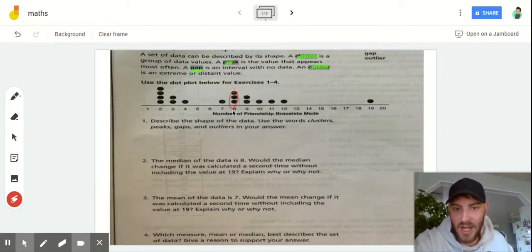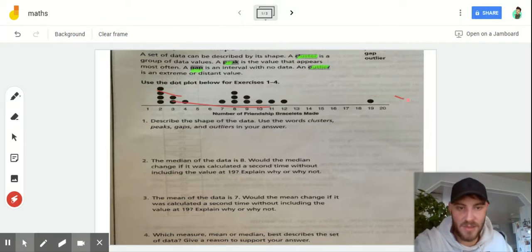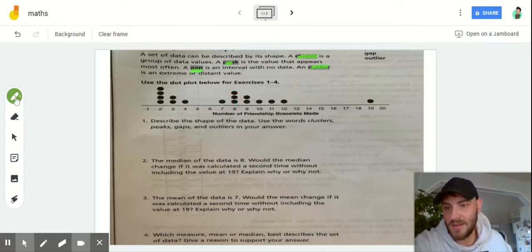How would the median change if it was calculated a second time without including 19? So since 19 is all the way out here, what the median does is it crosses out one at a time, right? Biggest, smallest, biggest, smallest, until we get to the middle. So it's saying if we took away one from the right, would the median change? Well, to find that, we're going to actually have to find the median. So let's go ahead and do that.